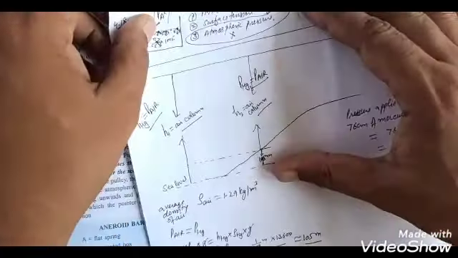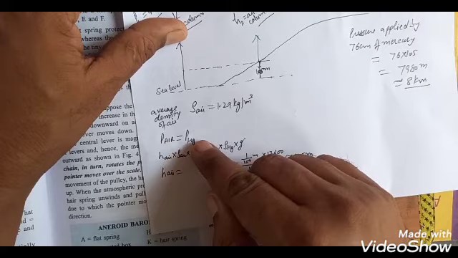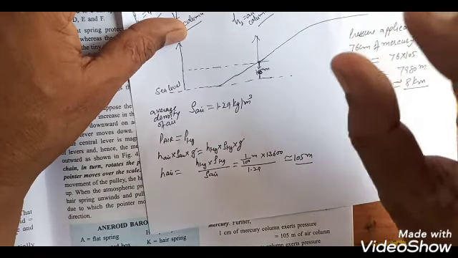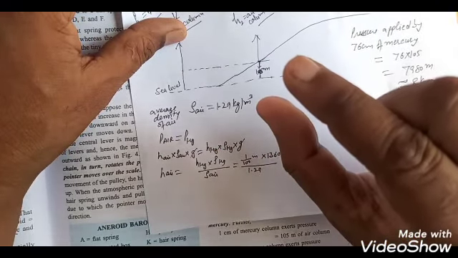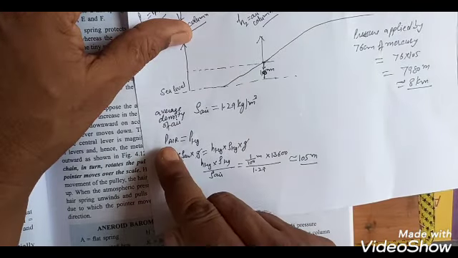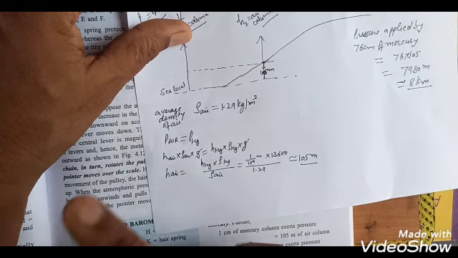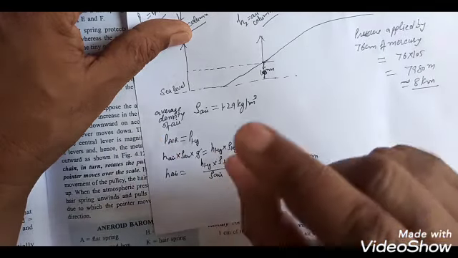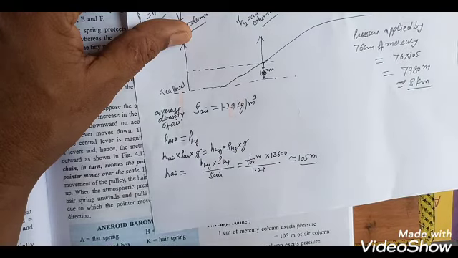What we want to do here is calculate the pressure exerted by just 1 centimeter height of mercury. If the same pressure is exerted by air, then what can be the height of the air which exerts the same pressure as exerted by 1 centimeter height of mercury? That we want to calculate.